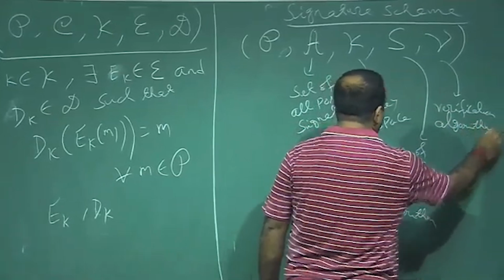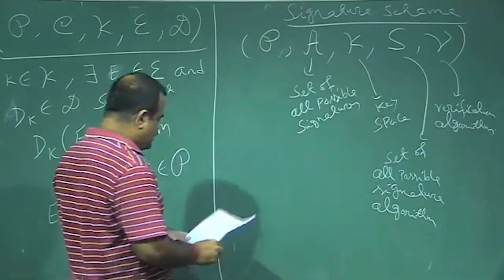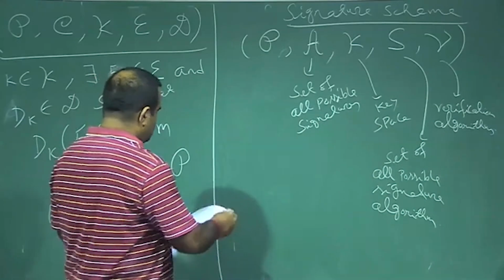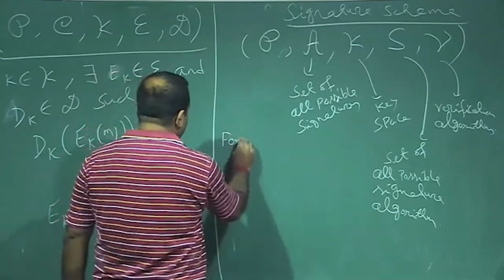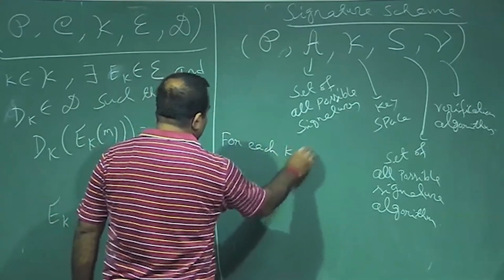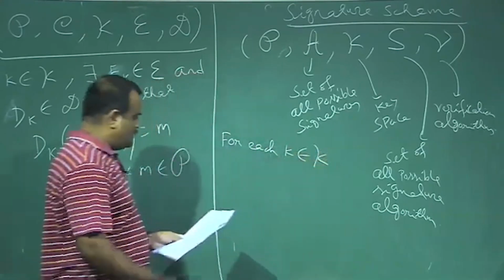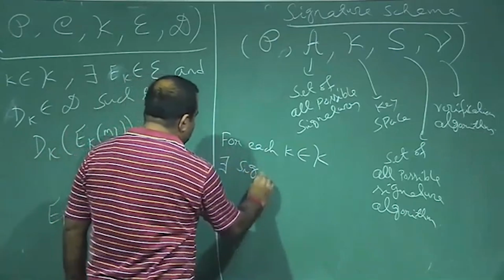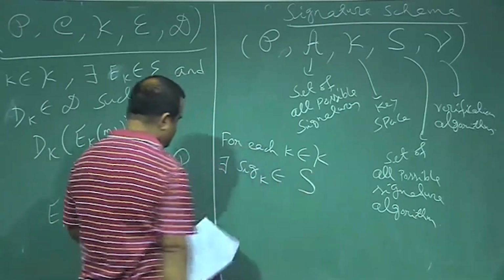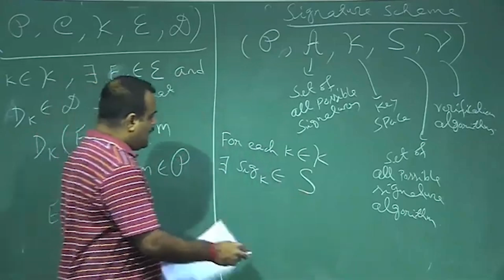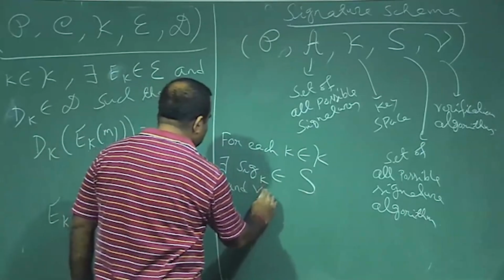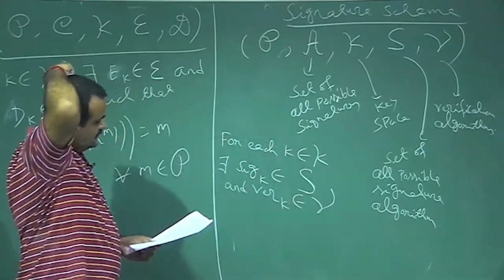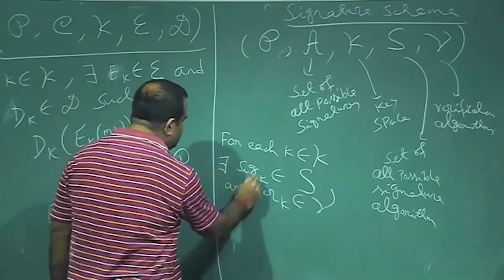So, this 5 tuple is such that for a given key k, for each k coming from this key space, there must exist a signature algorithm from S, and a corresponding verification algorithm from V, such that, now, the signature is a mapping from where to where?